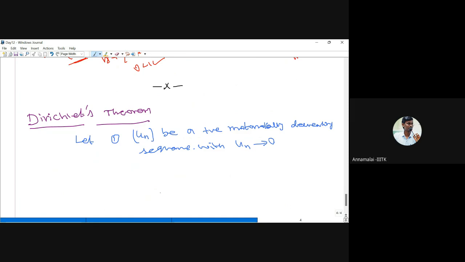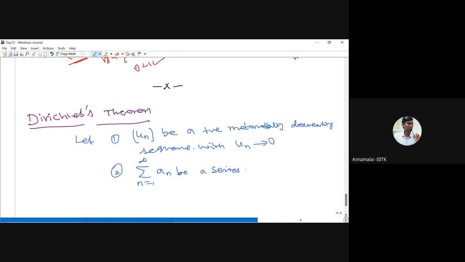And suppose we have a series, summation an, n equal to 1 to infinity, be an infinite series. But we don't know whether this converges or not, but its partial sum is bounded.